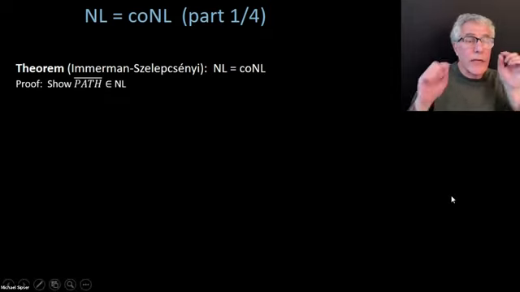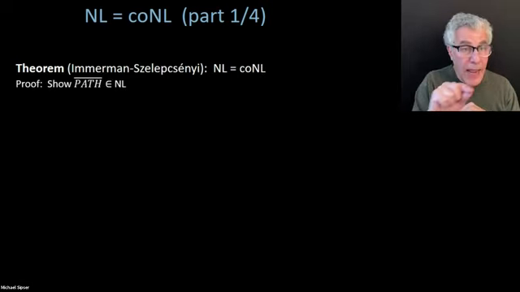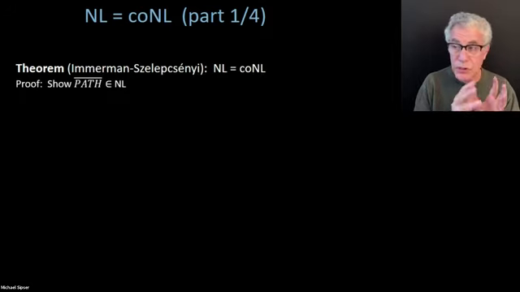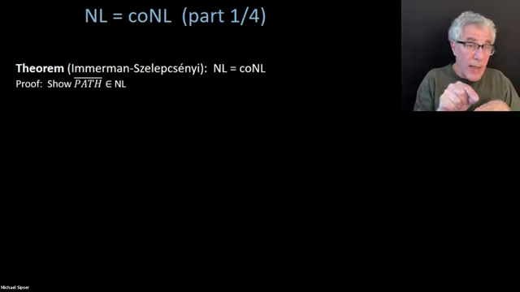What this means is we want to give a non-deterministic machine which will accept when there is no path from S to T. And please don't say, why don't we just take the machine for path and flip the answer? You can't do that with a non-deterministic machine. If you're thinking that's allowed, go back and review non-determinism. So you want a non-deterministic machine which accepts when there's no path.